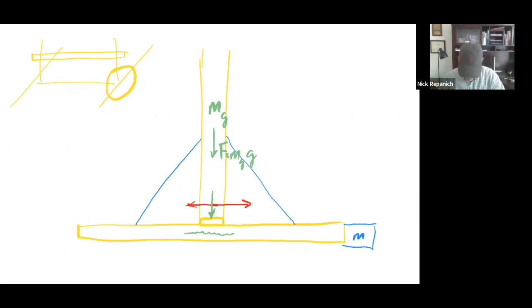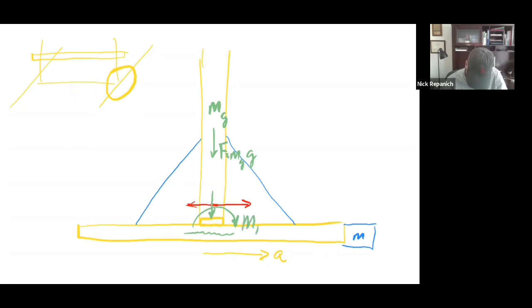That's static. Now, when you start to move this thing back and forth, as soon as you give it A, what kind of loading does this bearing block right here see? It would start to have a load this way, right?